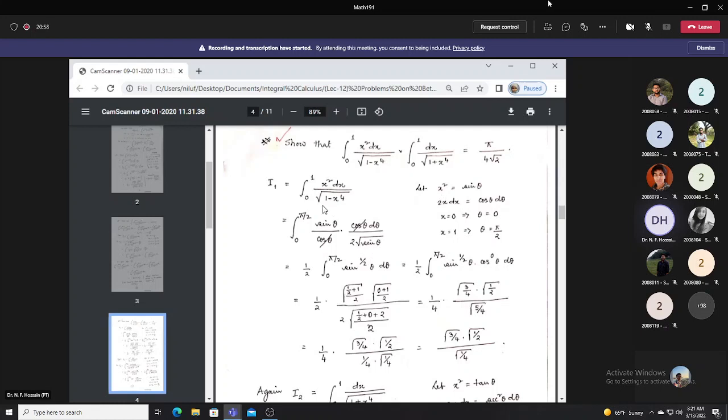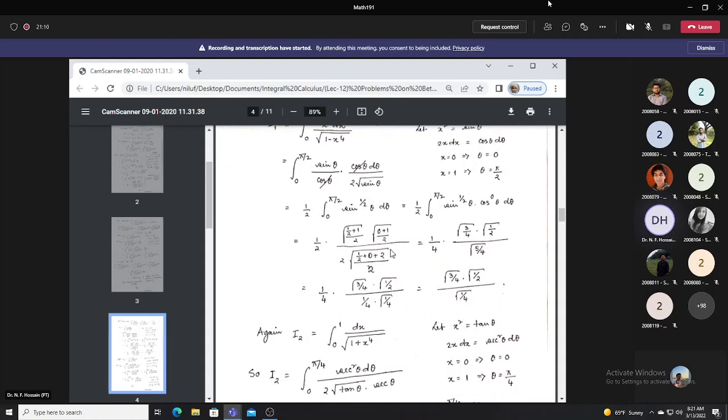And from this factor root over 1 minus x to the power 4, you are getting cos theta. So the cos theta cancels out, and here the power of sine should be 1 minus half, that means just half. So you can apply here the gamma formula involving the gamma function. Here m is half and n is 0 because there is no cos theta here.